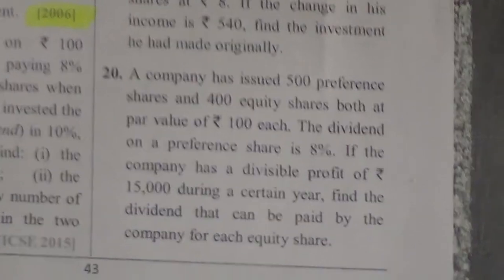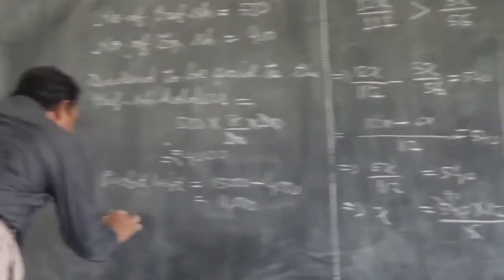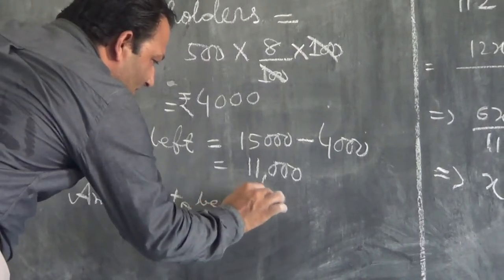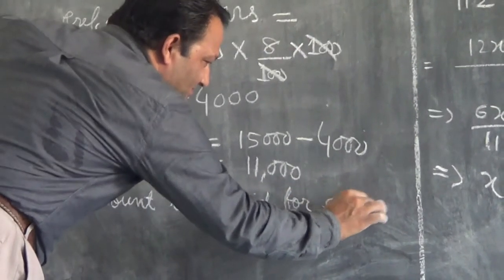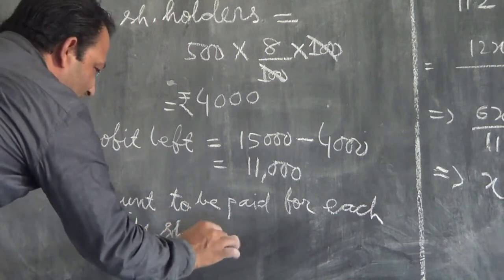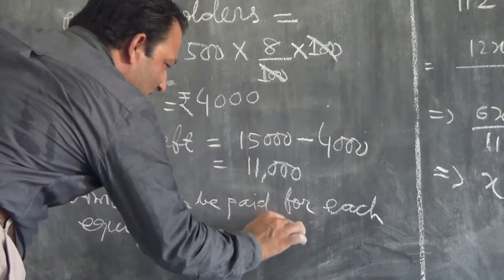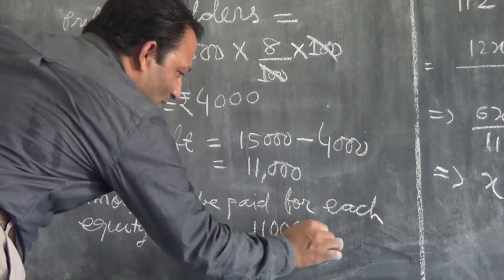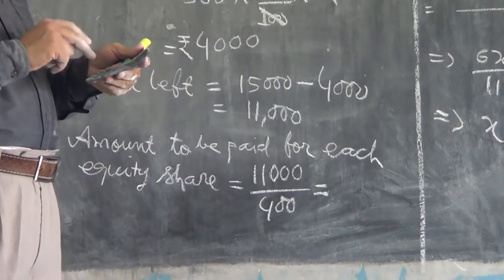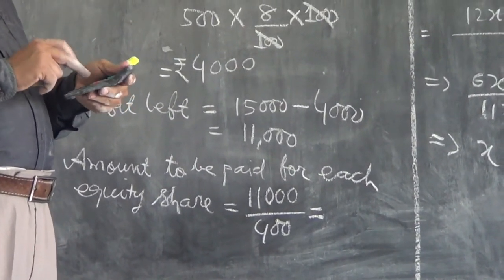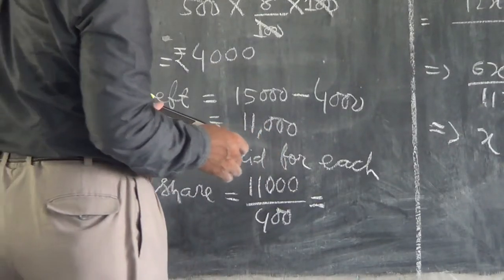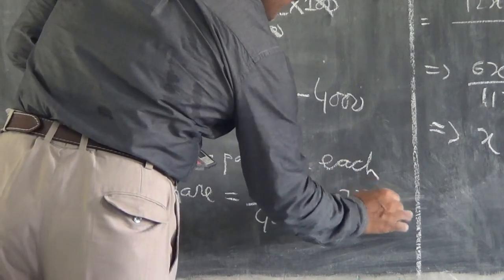So the amount to be paid for each equity share equals 11,000 rupees divided among 400 shareholders, assuming each shareholder has one share. 11,000 divided by 400 equals 27.50.